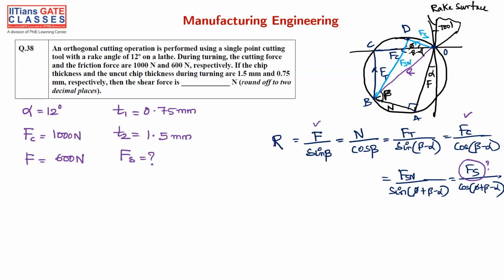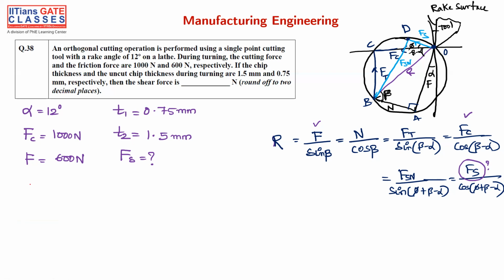We have three terms here: F by sin beta, Fc by cos beta minus alpha, Fs by cos phi plus beta minus alpha. Let's equate any two and get the answer. For this, we need the value of phi, because here phi is there. So what is phi? Phi is nothing but shear angle, right? So we have to find that out.